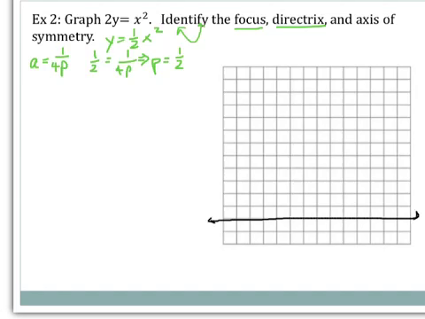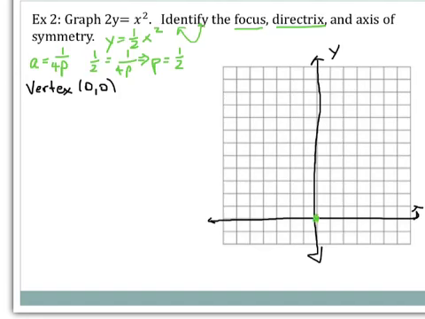And this is going to be centered at the origin, so I'm going to put my y-axis right there, and label them. And looking at this, my vertex is going to be 0, 0. I know that because there's nothing subtracted. So I'm going to go ahead and put my vertex on here.